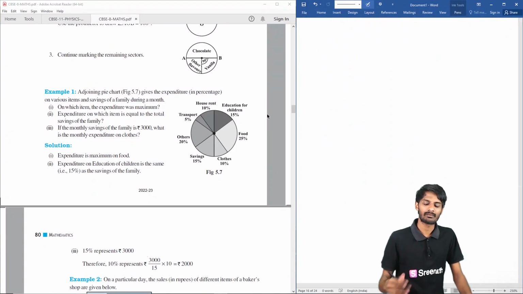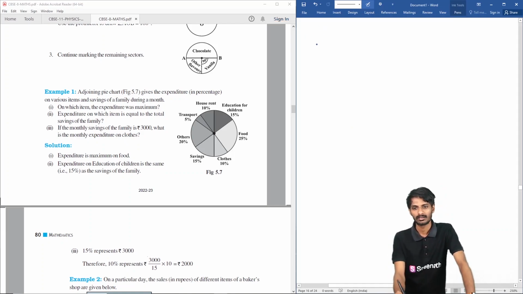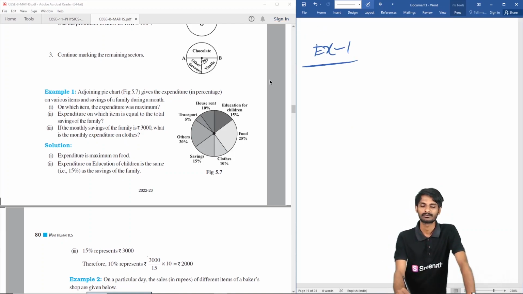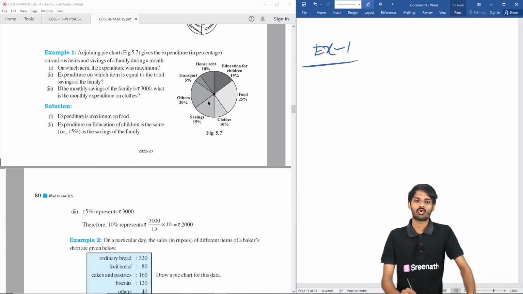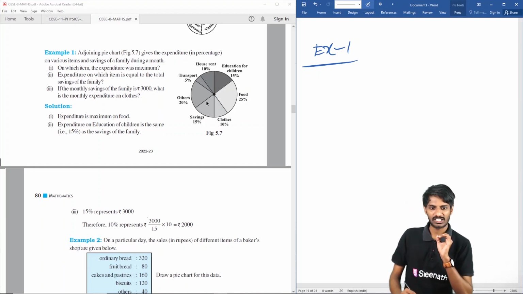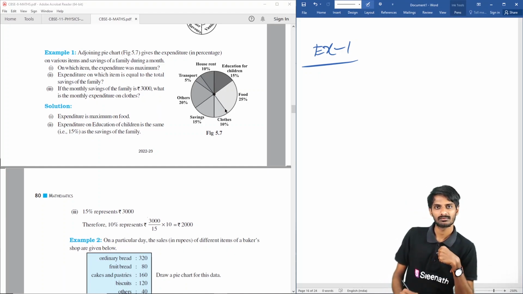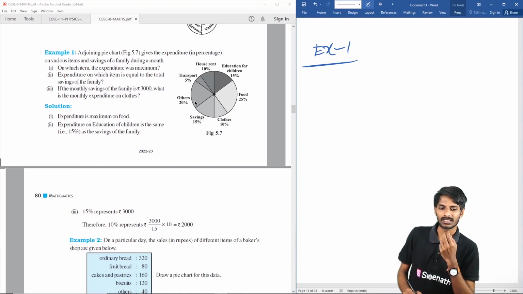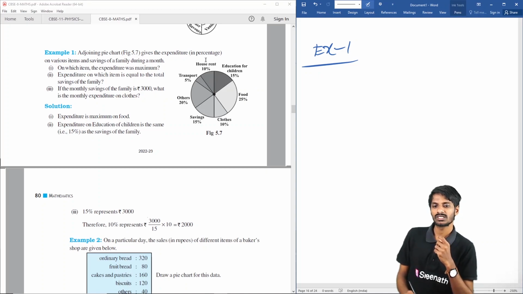There are examples we are going to see, students. Example 1: there is a given pie chart showing the expenditure on various items and the savings during a month. On which item was the expenditure maximum? For transport they spent 5%, for others 20%, savings are 15%, clothes 10%, food 25%, education 15%, house rent 10%.